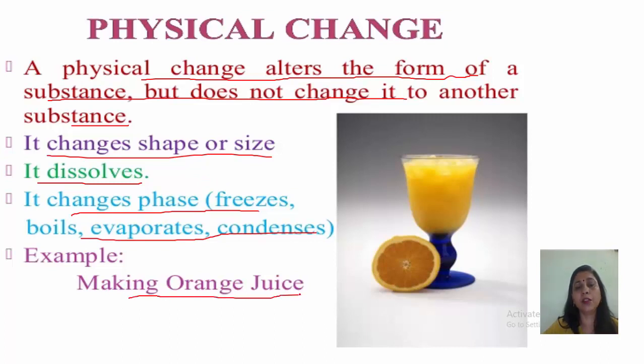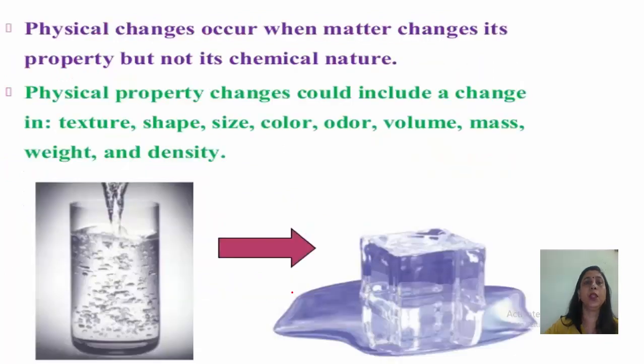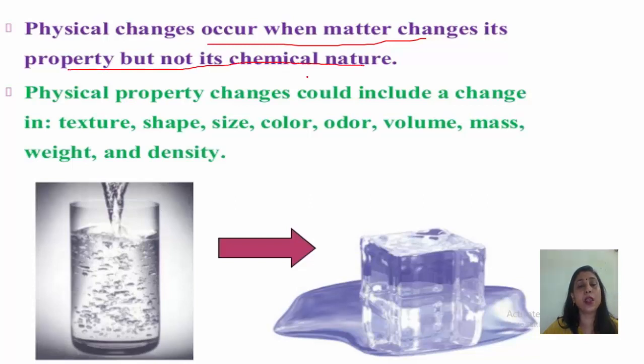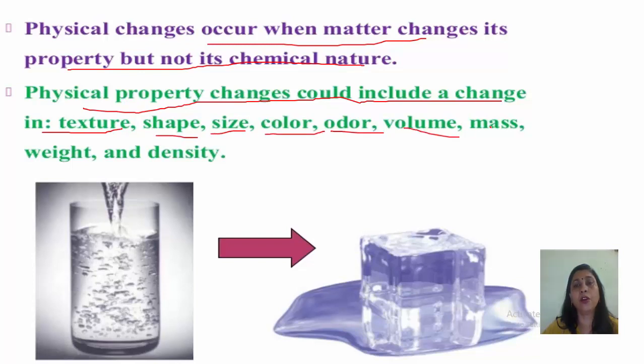Example, making orange juice. Now, physical change occurs when matter changes its property but not its chemical nature. Uska chemical nature bilkul nahi change hota hai, sirf properties change hote hain. Physical property changes could include change in texture, shape, size, color, odor, volume, mass, weight and density.